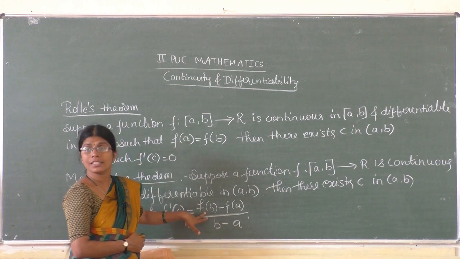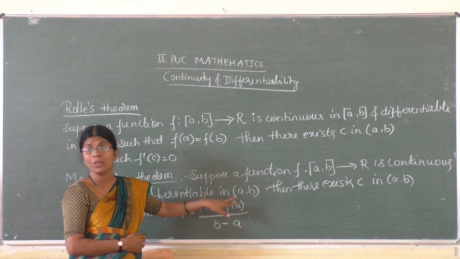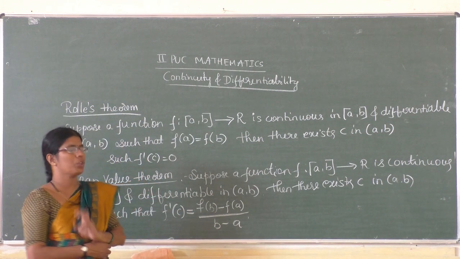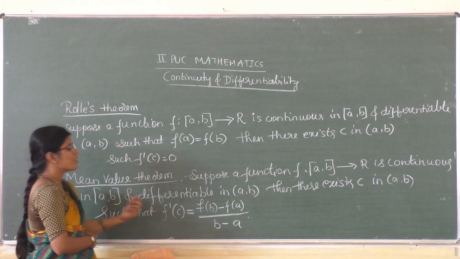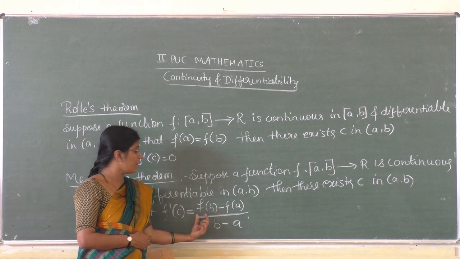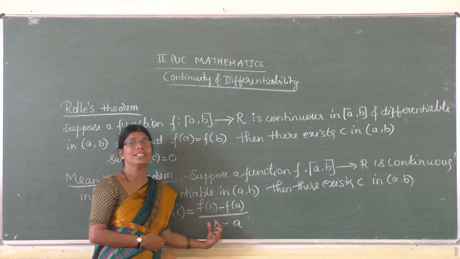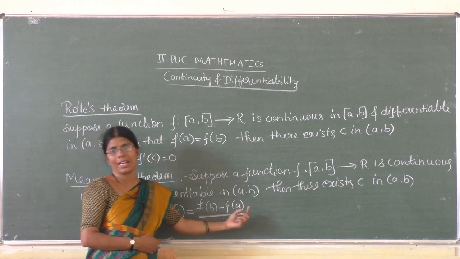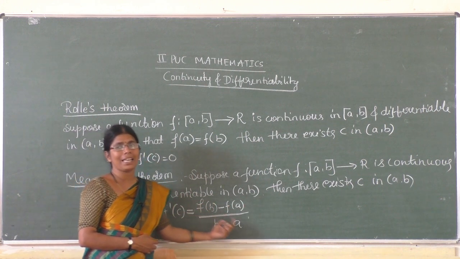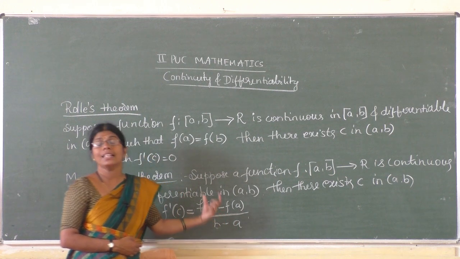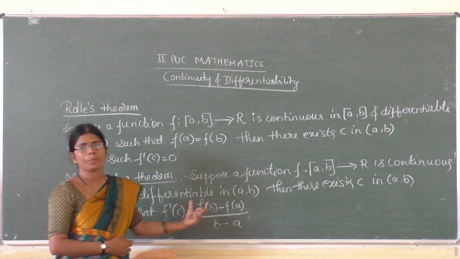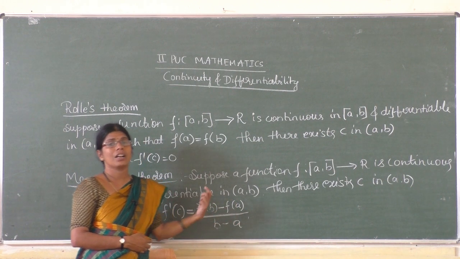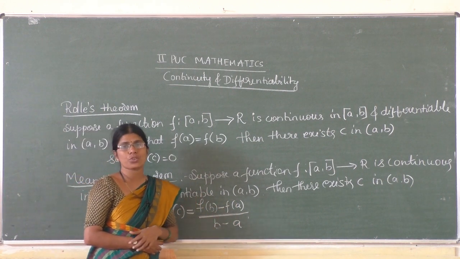Suppose we take y equal to f(x) as a function. Then (f(b) minus f(a)) by (b minus a) becomes y2 minus y1 divided by x2 minus x1. That is nothing but the slope of the line joining the points (x1, y1) and (x2, y2).